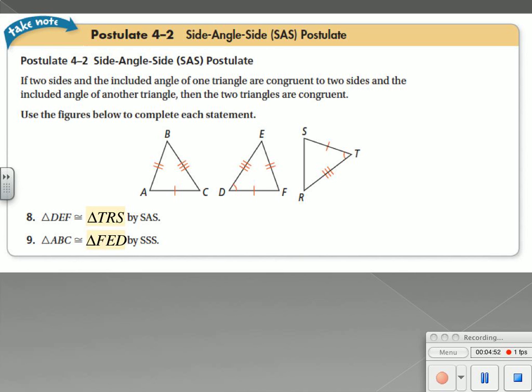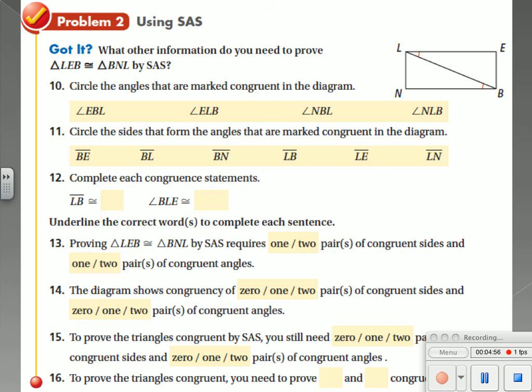So let's use the SAS postulate to look at a problem. What other information do you need to prove that triangle LEB is congruent to triangle BNL by SAS? We're given that angle L is congruent to angle B. Circle the angles that are marked congruent in the diagram. That would be ELB and NBL.